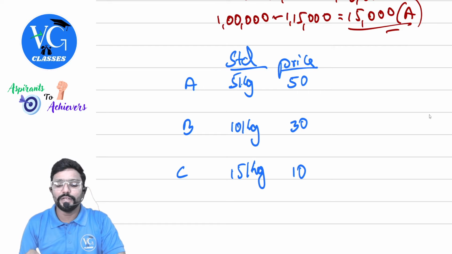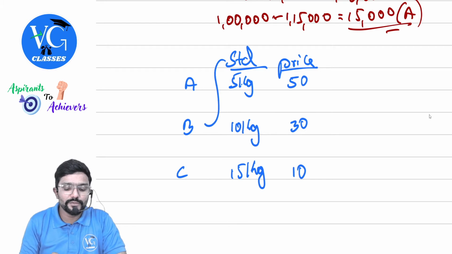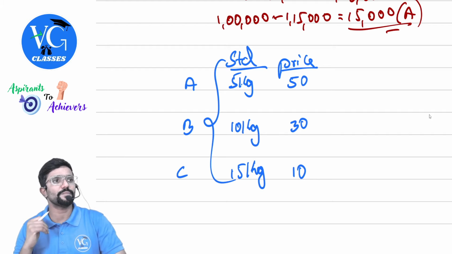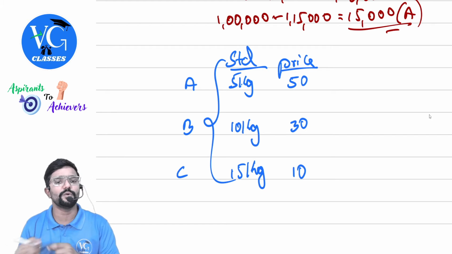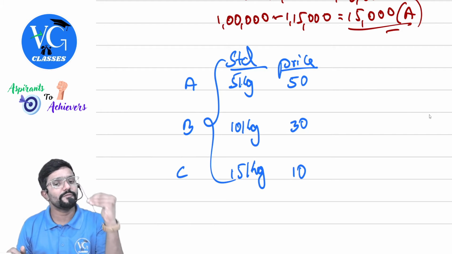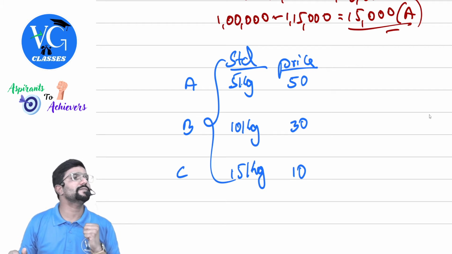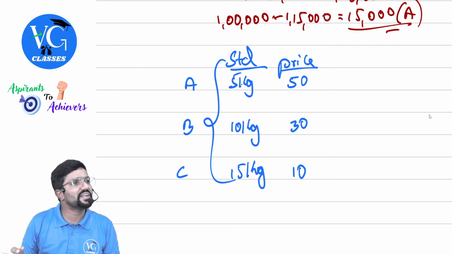This is what is called the standard mix. I was supposed to use, for producing each unit of output, 5 kg of A, 10 kg of B, and 15 kg of C. But actually, I have not done that.